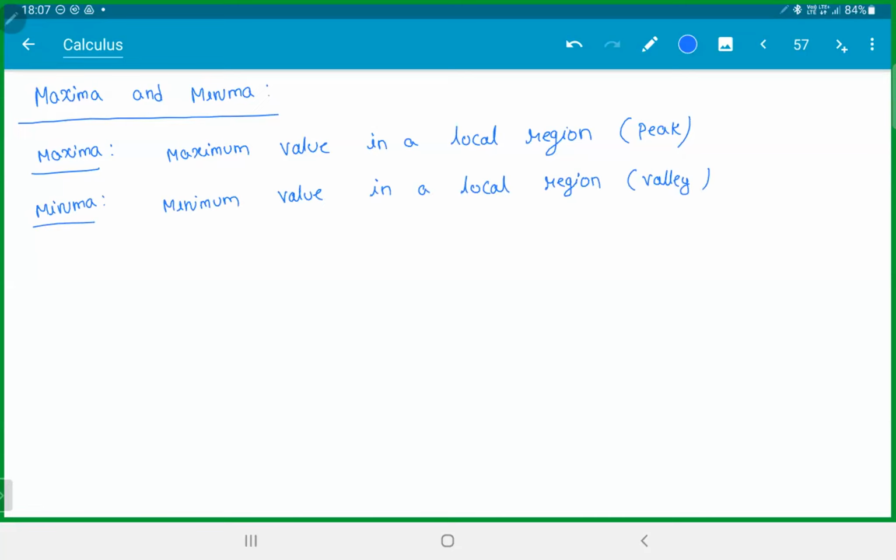So let me give an example. Maxima and minima are simply peaks and valleys. If you have a function like this, look at these points here, 1, 2, 3. In the local region, they are the maximum values. Then 4, 5, and one more like this, 6.